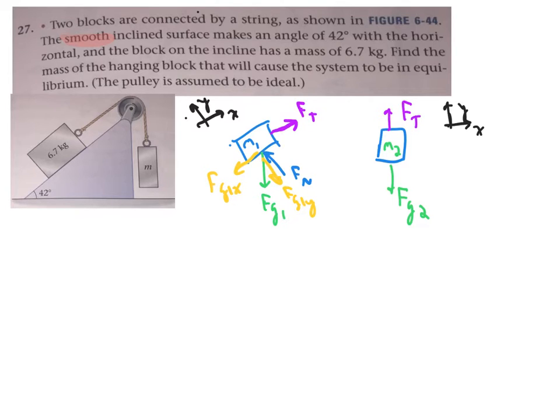We'll probably want to get those components as quickly as we can, so we might as well do that now. So we have FG1, and we have FG1X along the incline, and FG1Y perpendicular to the incline. And then we sort of put the incline back into the picture here, knowing that this angle is theta.